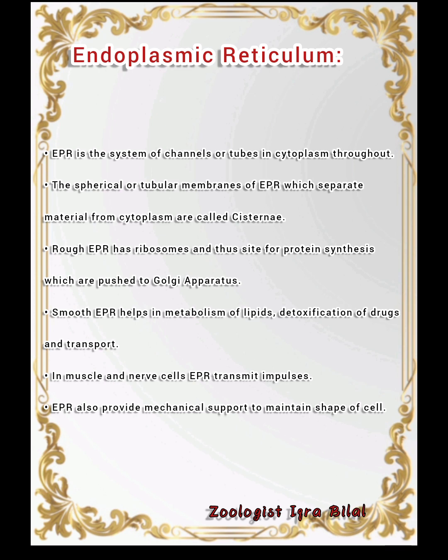Rough endoplasmic reticulum has ribosomes, and thus it is the site where proteins are synthesized, and these proteins are then pushed to the Golgi apparatus. Smooth endoplasmic reticulum helps in metabolism of lipids, detoxification of drugs, and transport. These are the three main functions which smooth endoplasmic reticulum performs: metabolism of lipid, detoxification of drugs, and transport.